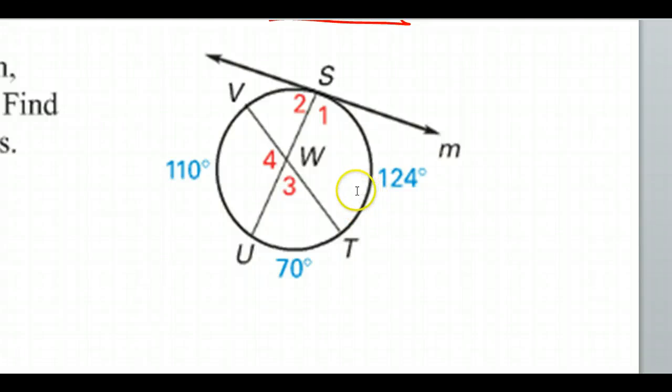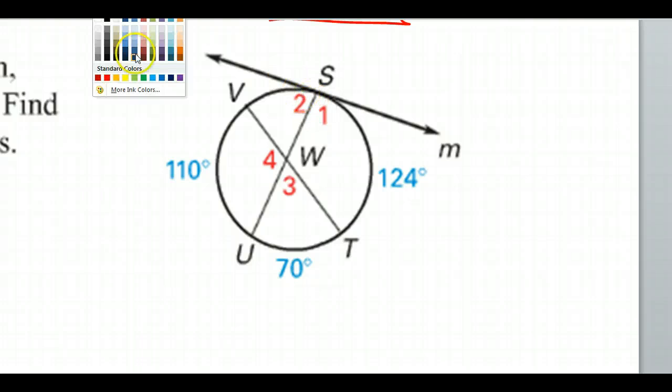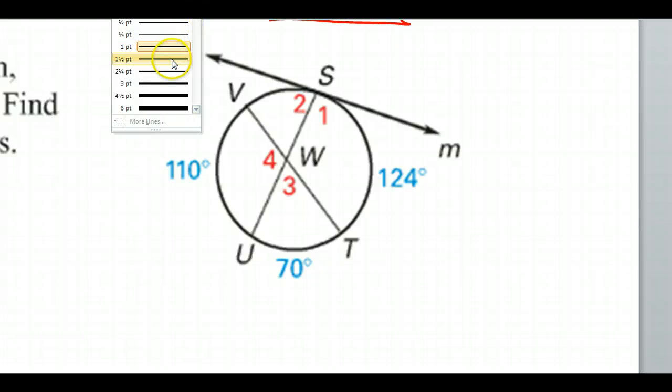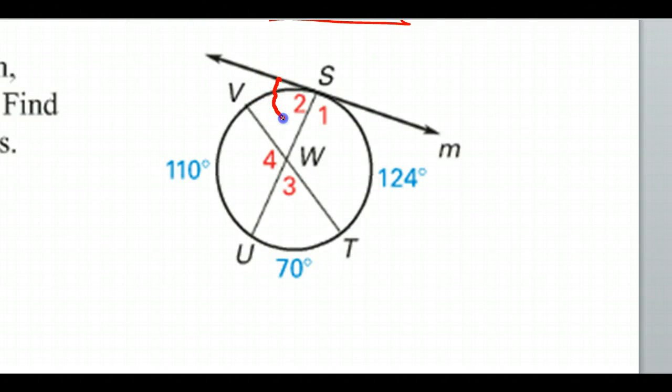We are supposed to find all of these numbered angles. Look, just off the top of my head, let me just blurt out a couple things. You should always be on the lookout for straight lines. Anytime you have a straight line, straight angle, that is 180 degrees total. So whatever angle 1 and angle 2 turn out to be, they will be a total of 180 degrees. They will be supplementary.